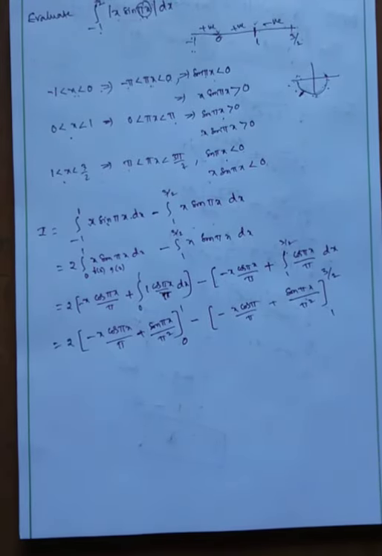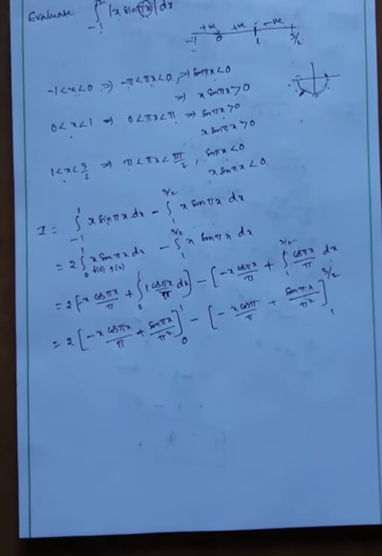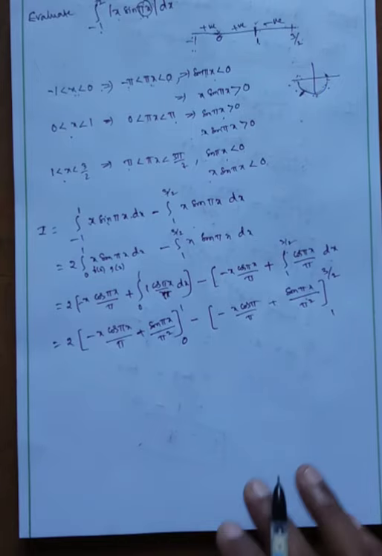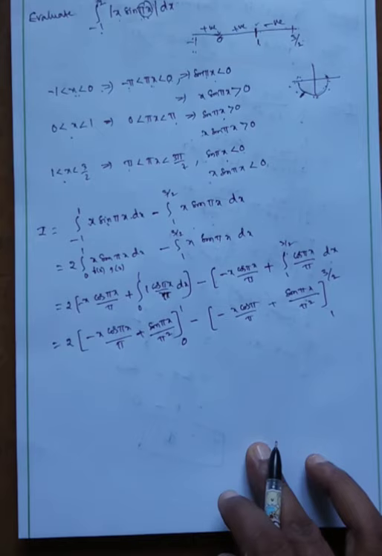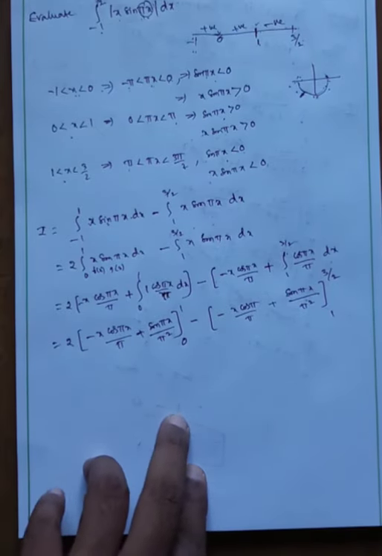Integration is over. Now substitute the limits. First the upper limit 1: minus x cos pi x by pi plus 1 by pi square sin pi x, and minus of minus x cos pi x plus 1 by pi square sin pi x.